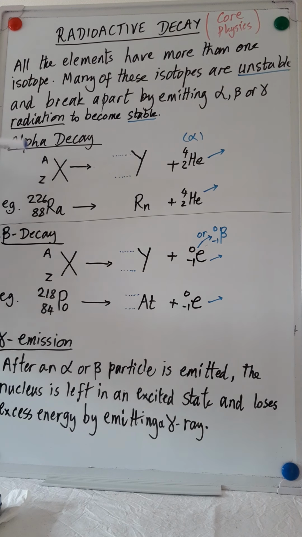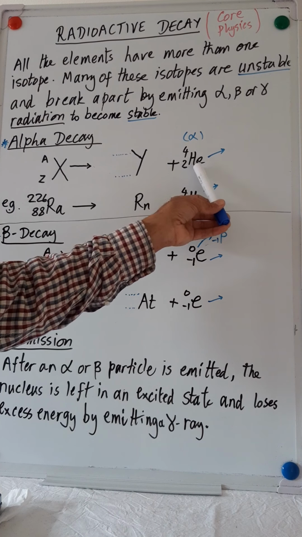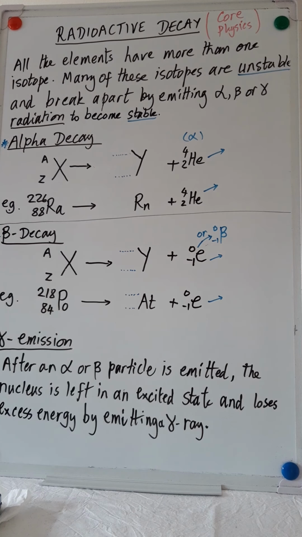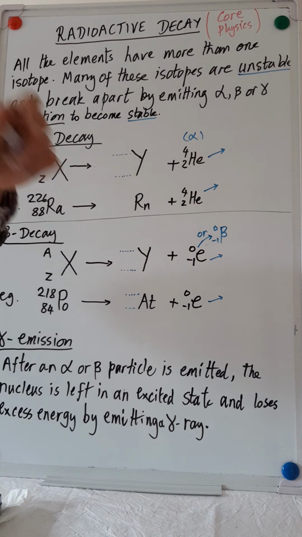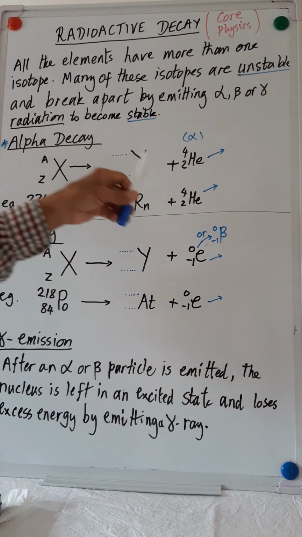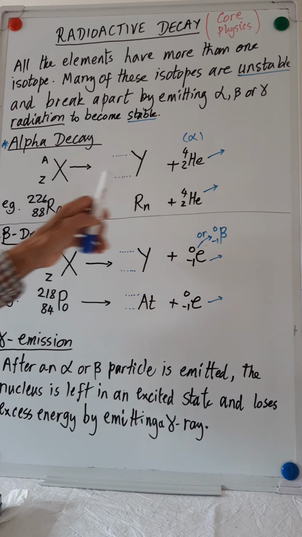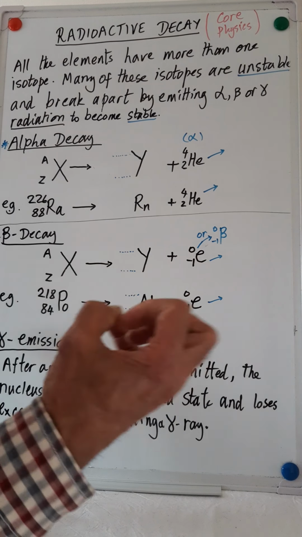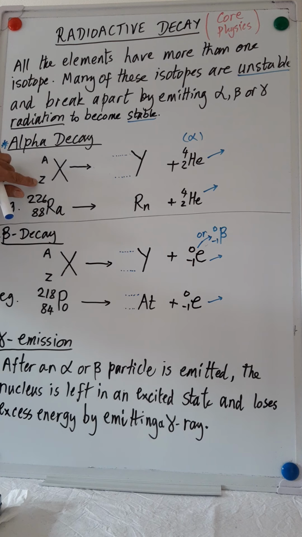Now, if we take an element X, whose atomic number is Z, the mass number is A, it emits an alpha particle, which is the helium nucleus, which is made up of 2 protons and 2 neutrons. So its atomic number is 2. So when it comes out of the nucleus, the atomic number will be left with 2 less protons.